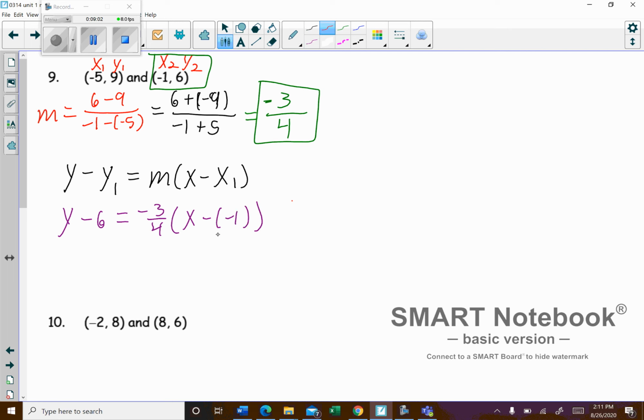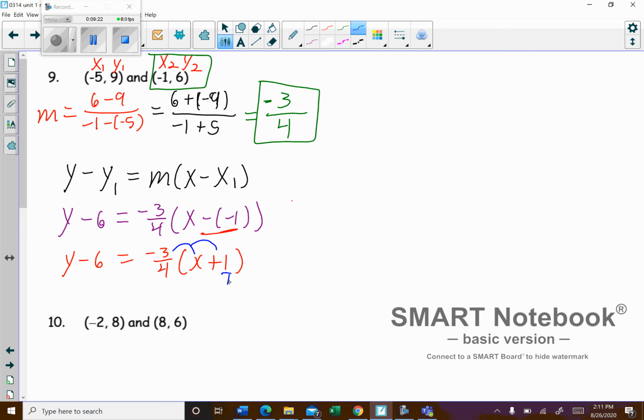Okay, so to start with, we have double negatives right there. So we'll go ahead and fix that. So y minus 6 equals -3 over 4 times x plus 1 turns to a plus. Now I'm going to have to distribute the -3/4.